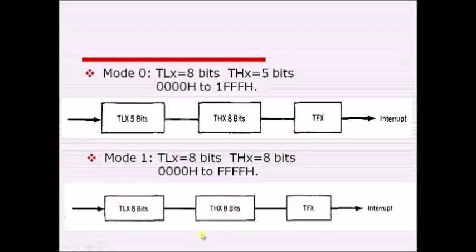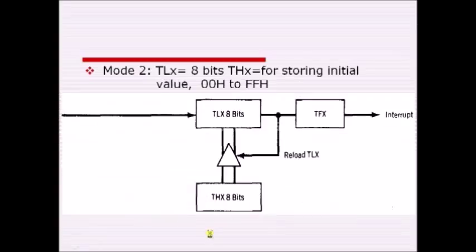Whenever these registers overflow, that is, whenever there is a transition from the maximum value to the minimum value, TF will become 1, which will generate an interrupt. The maximum delay that we can generate with mode 1 would be 70 milliseconds. We'll see how to calculate that delay in the later slides.